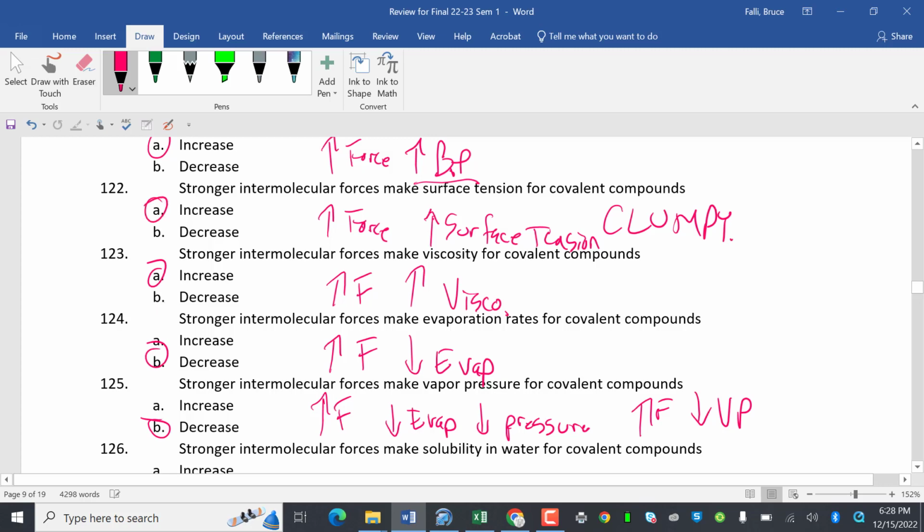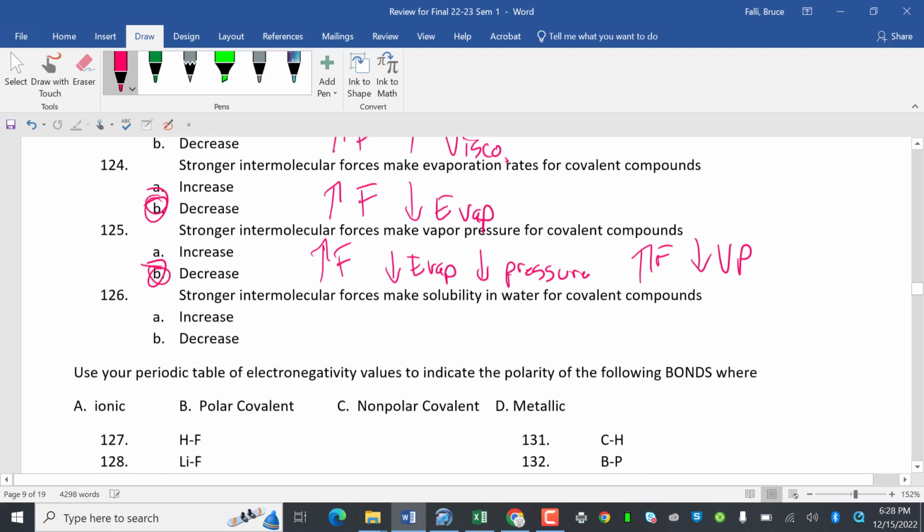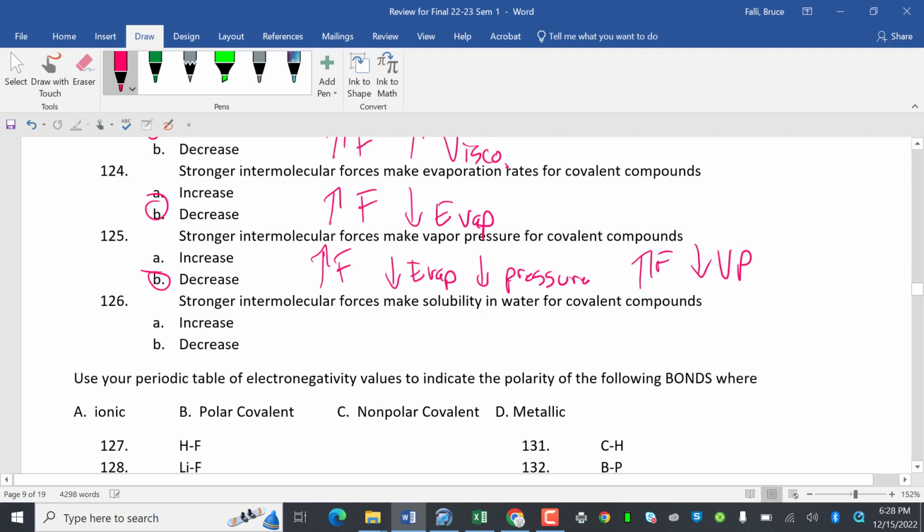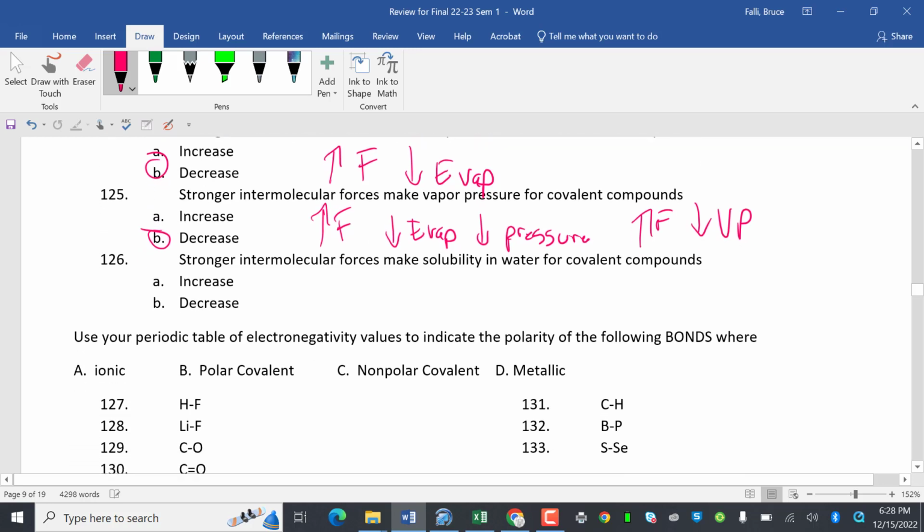All right. Now, stronger intermolecular forces make solubility in water for covalent compounds increase because remember, polar dissolves in polar. I did add the thing in water, which is true.